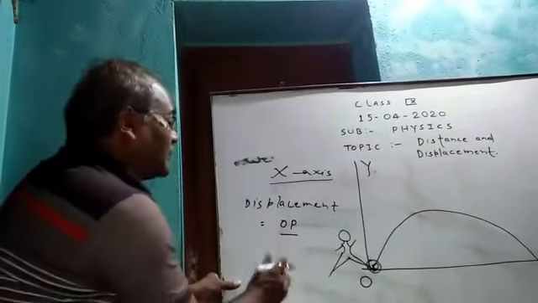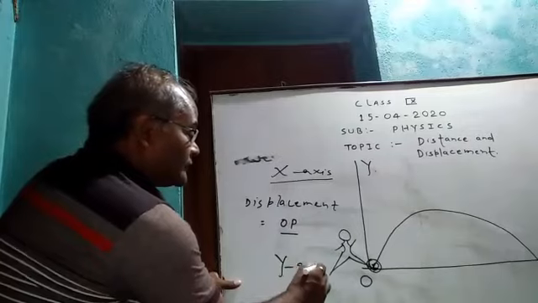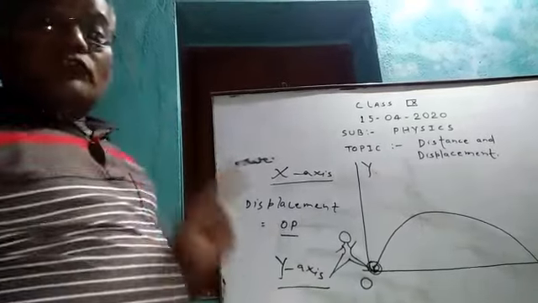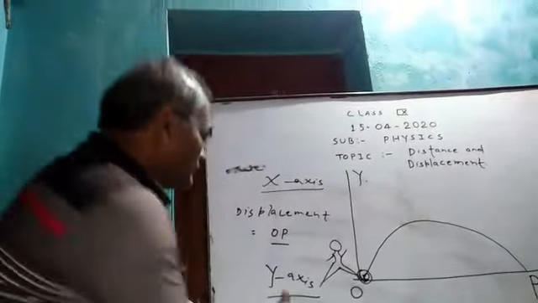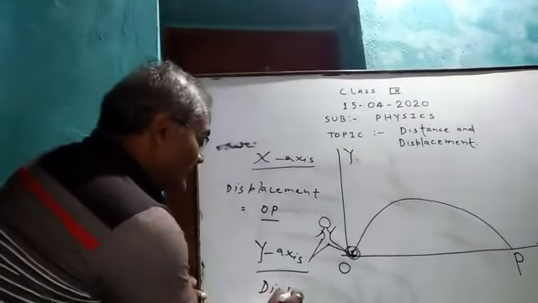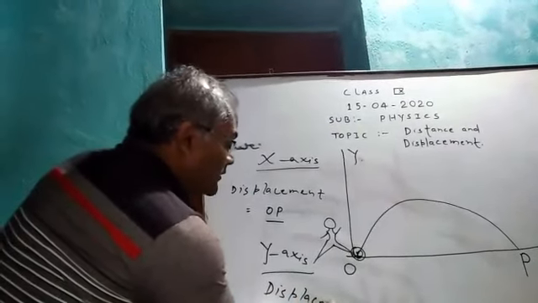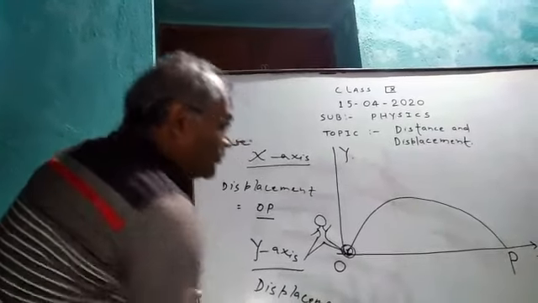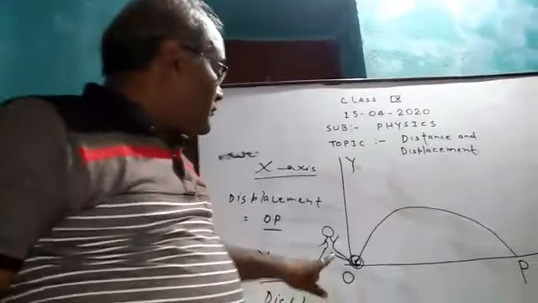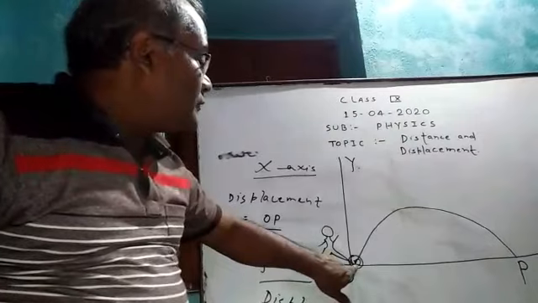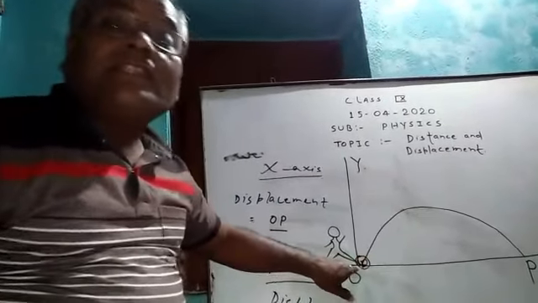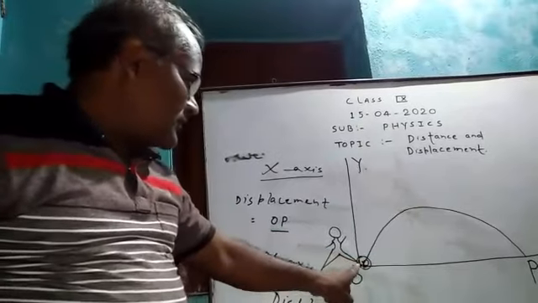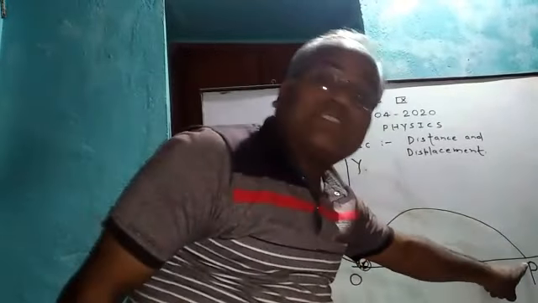But when we consider the y-axis, in this case displacement will be 0. Here displacement will be 0 because at whichever plane it was thrown, the body reaches the same plane.